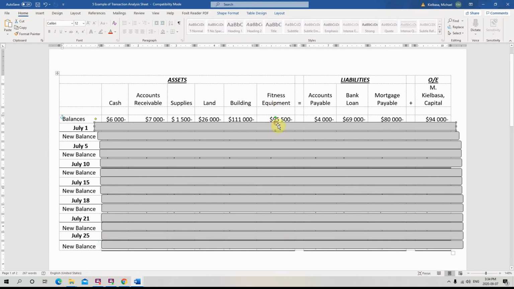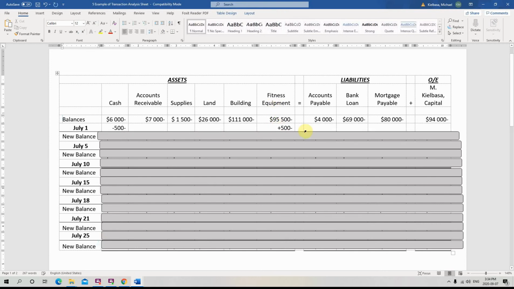So it's going to look like this: minus 500 for cash and plus 500 for fitness equipment. Then we put a line all the way across to show addition and come up with new balances.